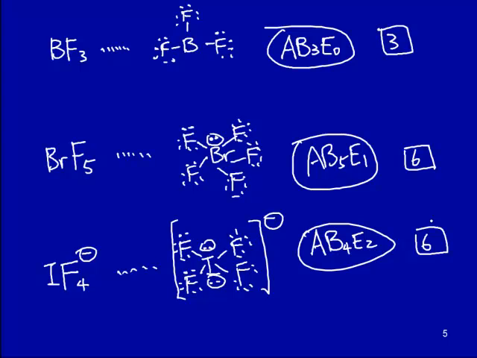Then identify the central atom, what the surrounding atoms are, how many of them there are, and how many pairs of electrons are not involved in any bonding. That will be designated by E.